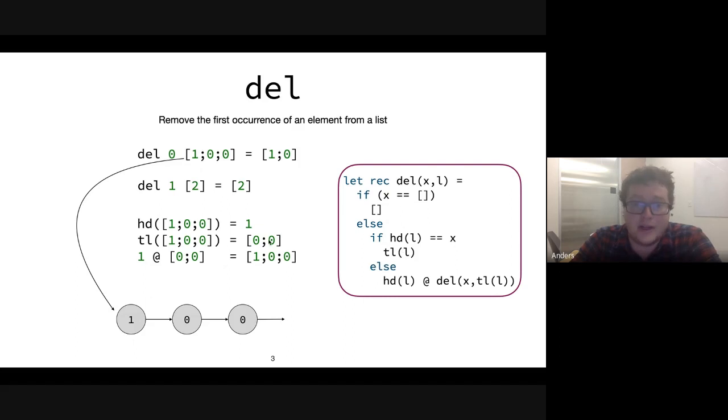So essentially, if I'm in a situation where I have just 0, 0, and I'm deleting 0 from it, I just return singleton 0. Otherwise, I make a recursive call, recursively delete the first occurrence from the tail, and then I add the head back on. So if you spend a little bit of time thinking, you can understand that in the case where you don't have the element, it traverses all the way down to the back of the list and then iteratively builds it back up.